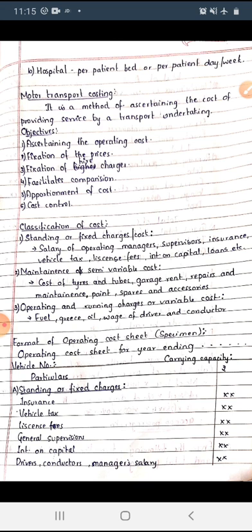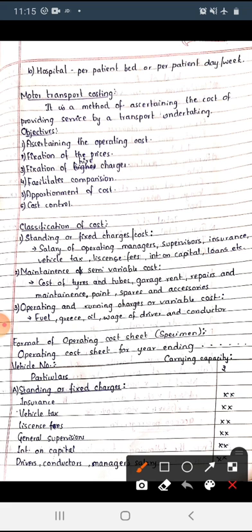Okay, what are the main objectives of motor transport costing? First one, ascertaining operating cost. The purpose is to ascertain the cost of running a vehicle per kilometer.